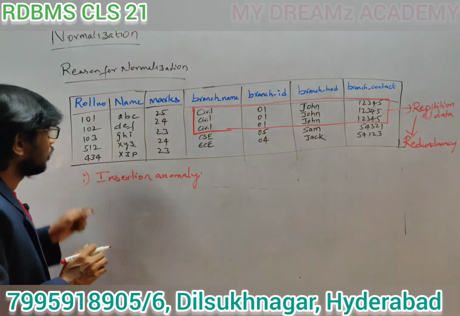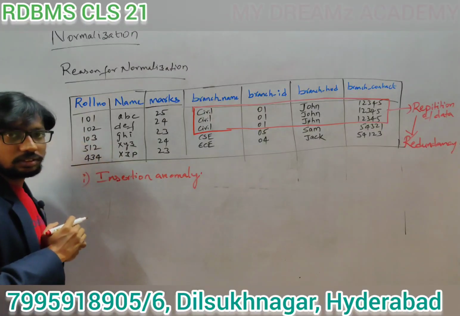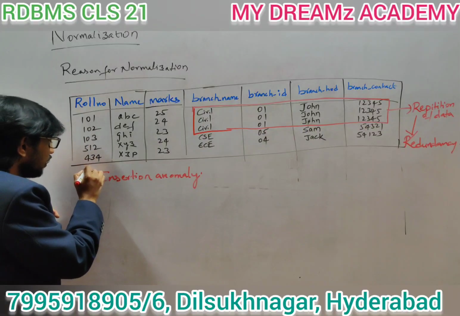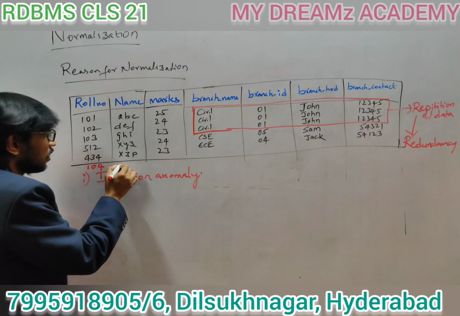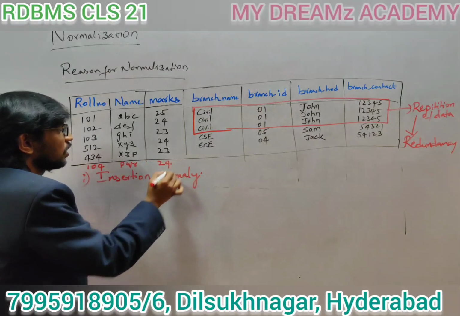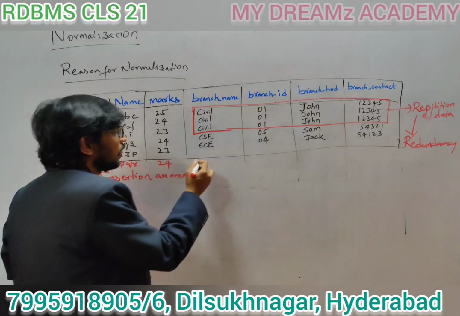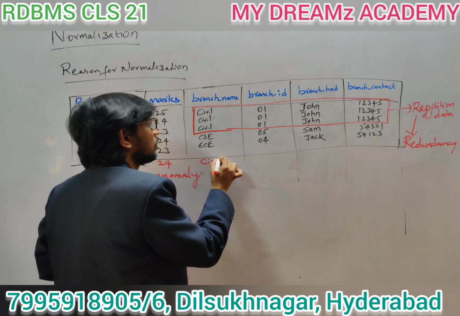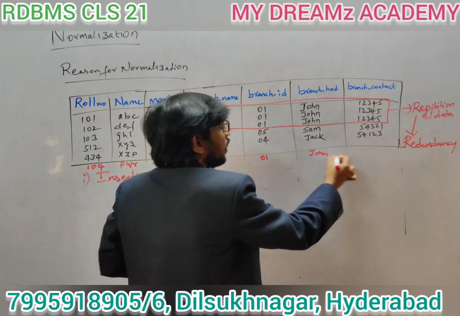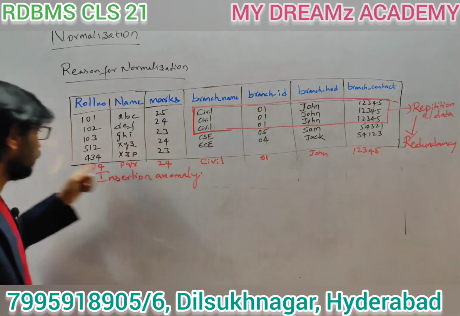See here, if I want to enter a student like 104, I'm inserting 104, his name is some PQR, he has got 24 marks. Now he's been admitted to which department? Obviously 104 means civil. So again I should write civil, 01, John and 12345.